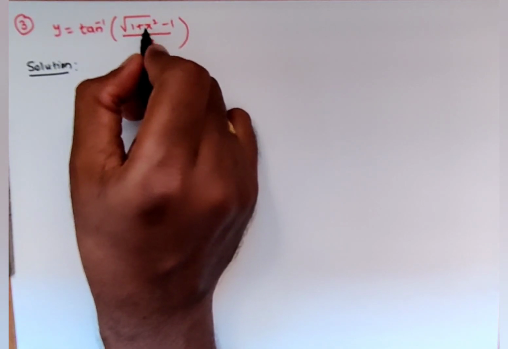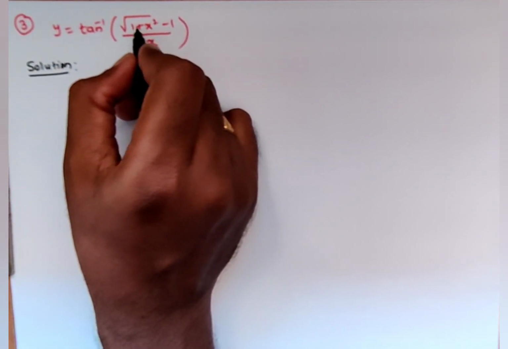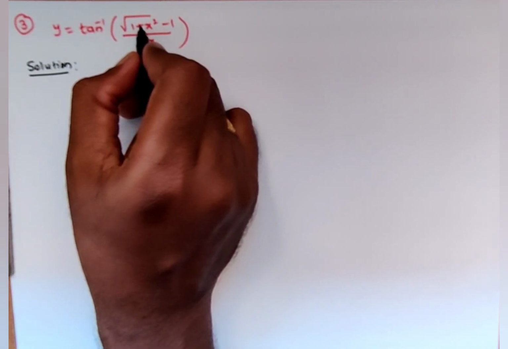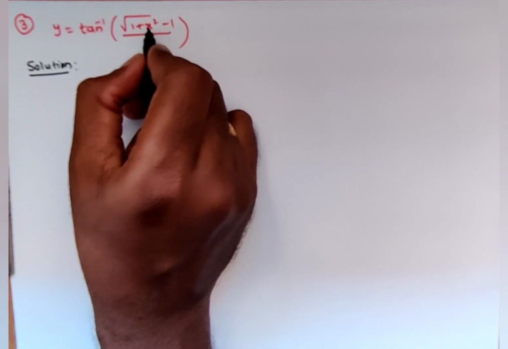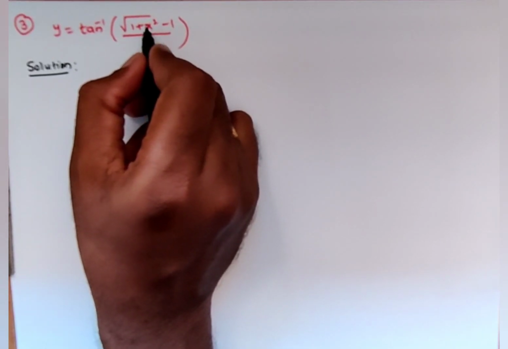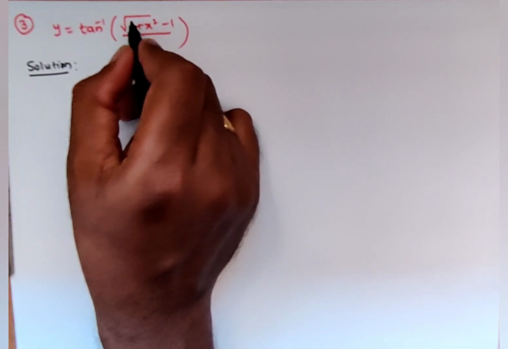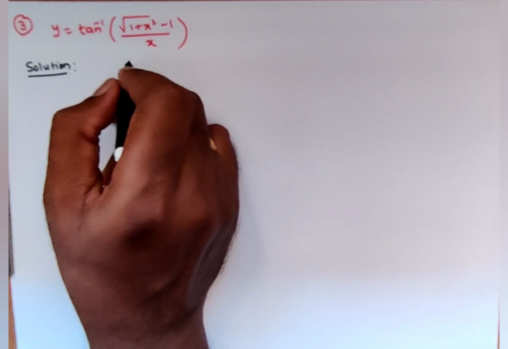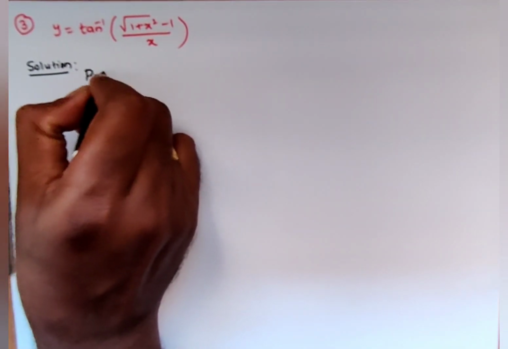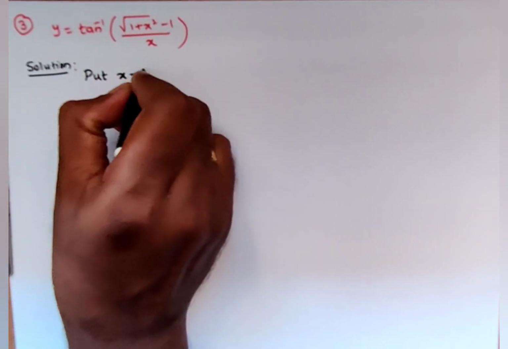Here it is 1 plus cos square or 1 plus sin square, so we cannot write it in the form of a single trigonometric ratio. If x is tan theta, then 1 plus tan square theta is there, and 1 plus tan square theta can be written as secant square theta. At that time we may cancel that square root. So put x equals tan theta.